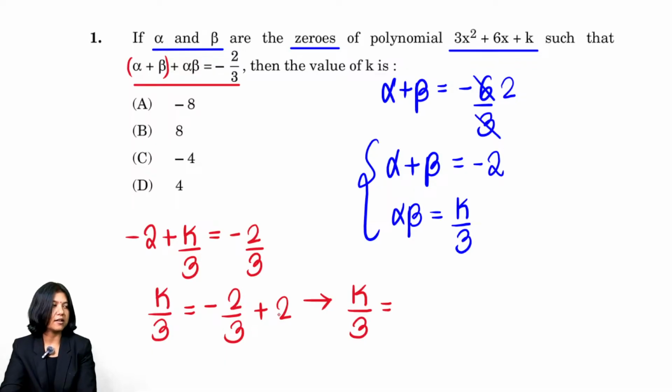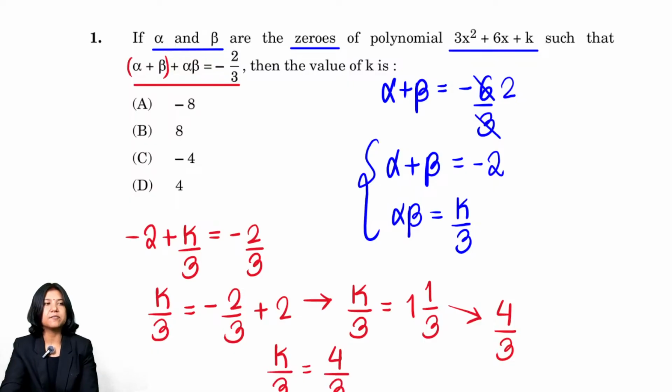If you can be quick with fractions, 2 minus 1 is 1, and I subtracted 1 here because I'm going to use that 1 to subtract 2/3, which gives me 1/3. So 1 1/3. Otherwise, I can write this as 3 times 1, 3 plus 1, 4. So 4 upon 3. I got the value of k upon 3 as 4 upon 3. When you have the same denominators, you get rid of them, and that is how you get the answer k is equal to 4.